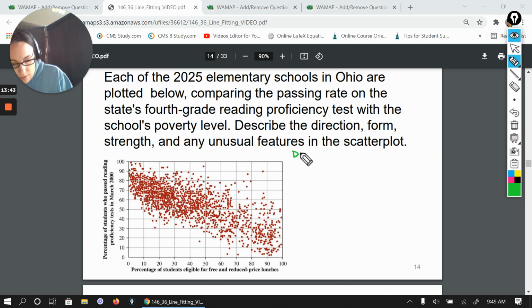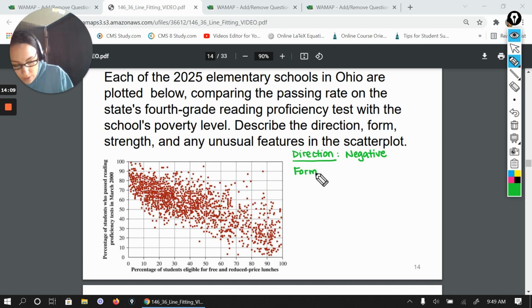Okay, so let's start with direction. This looks like a negative direction because as the percentage of students eligible for free and reduced price lunches increases, the percentage of students who passed reading proficiency tests in March 2000 decreases.